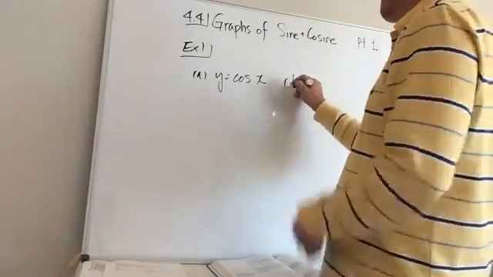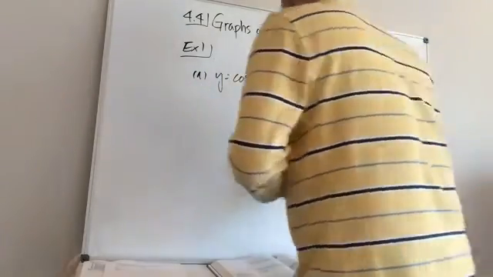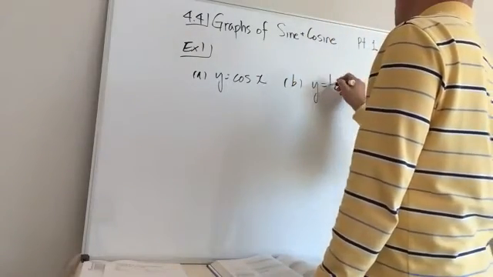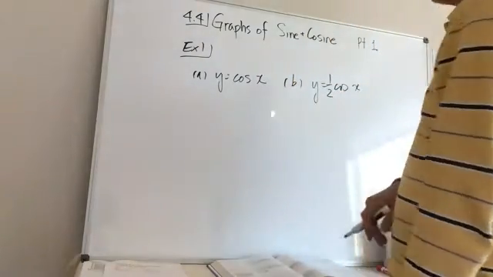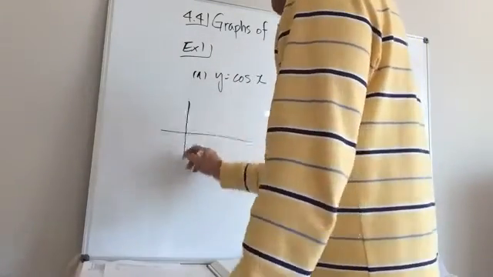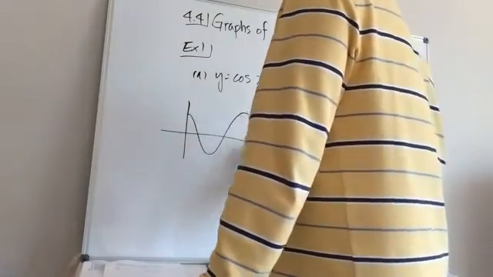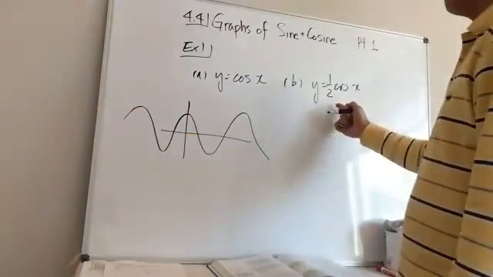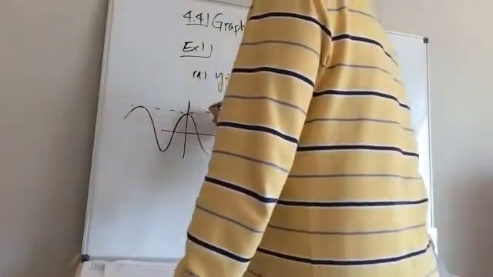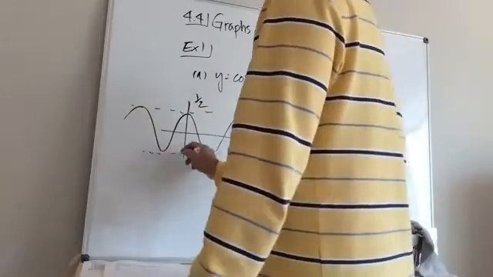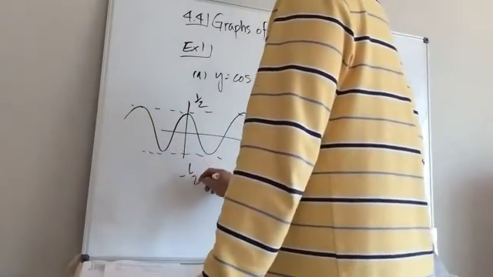Okay, so B, if you compare this to y is equal to cosine x, and 1/2, all you're doing is you're taking everything that you had here, the cosine x, it looks like this, and you're multiplying it by 1/2. So instead of this guy being 1 here, it's going to be 1/2 now. And this guy here is going to be negative 1/2.